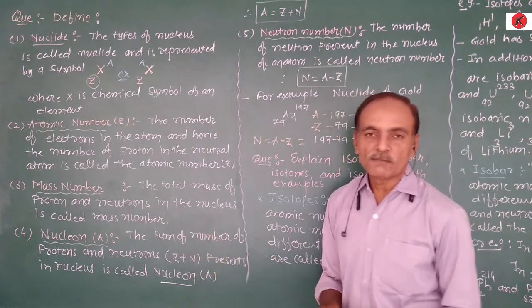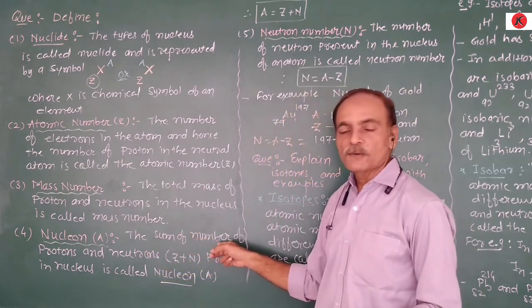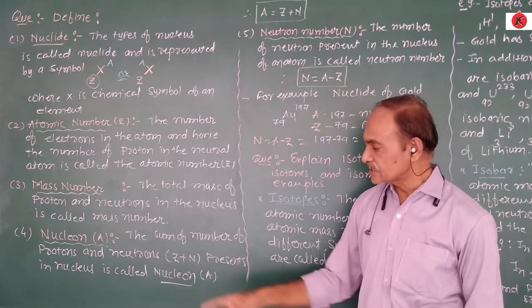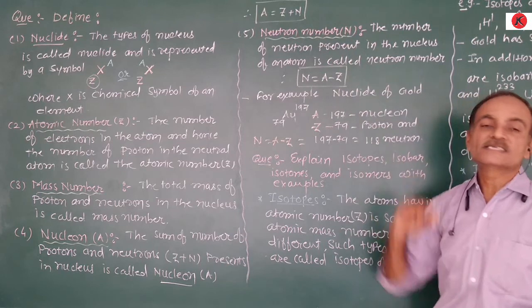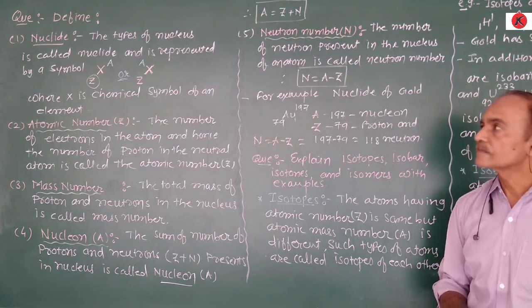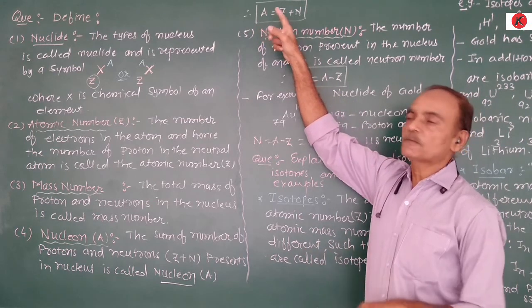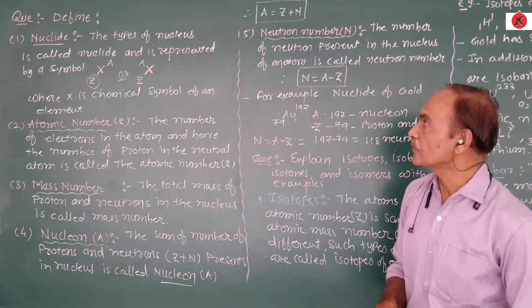The sum of the number of protons and neutrons in the nucleus is known as the nucleon number. Therefore, A is equal to Z plus N. A is the total number of nucleons, Z is the number of protons, and N is the number of neutrons.